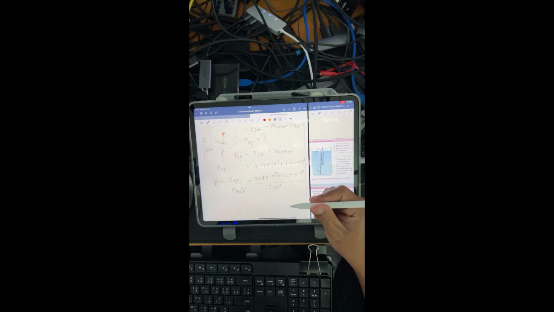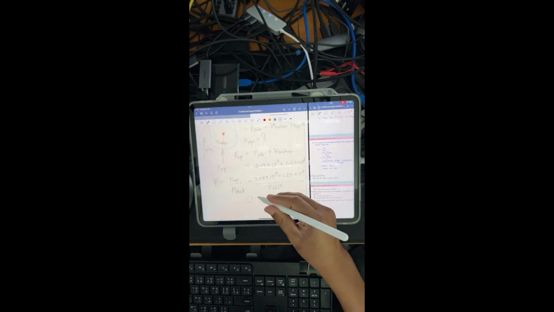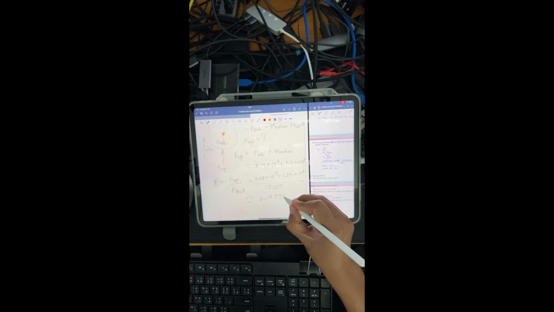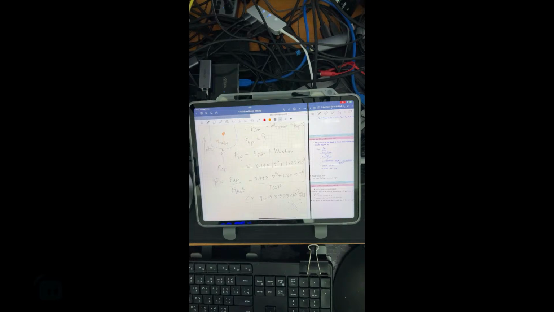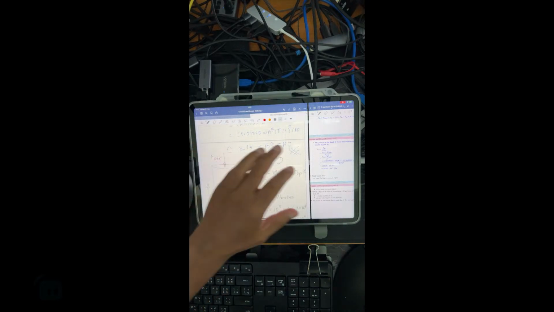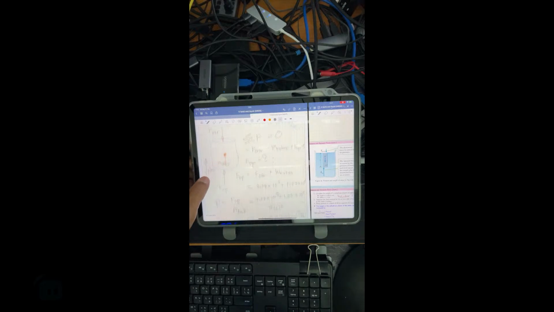There is no h. If you put this into the calculator, you get 4.93325 times 10 to the power of 5, and the unit is Pascal. That's the answer to this question, the pressure at this level.